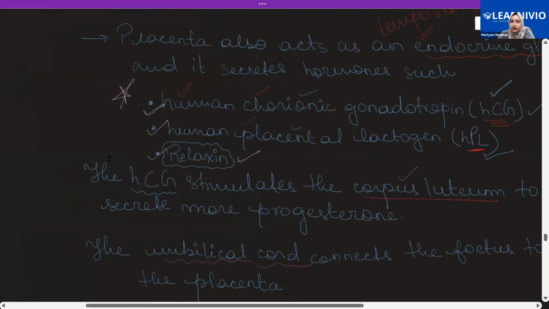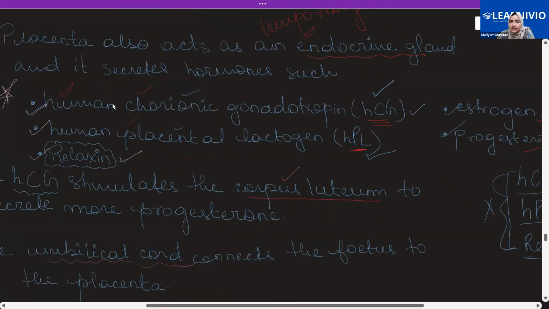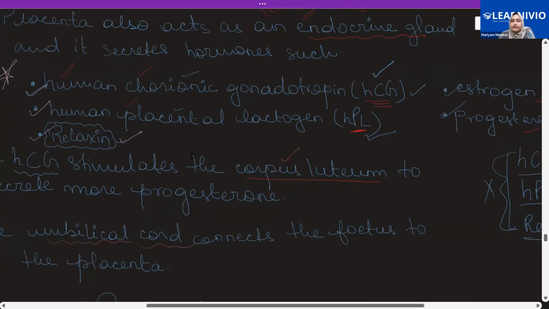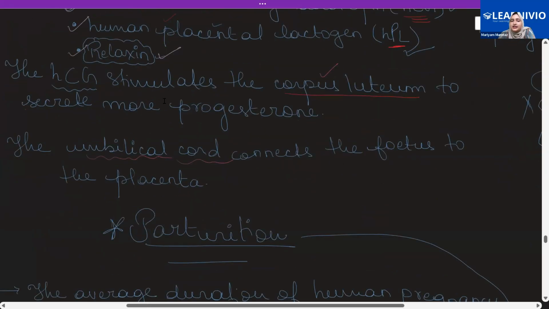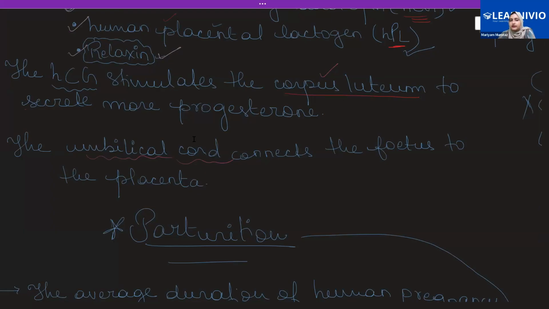Out of all of these, the first three, HCG, HPL, and relaxin, are only secreted in the pregnant female. The HCG hormone stimulates the corpus luteum to secrete as much progesterone as possible.